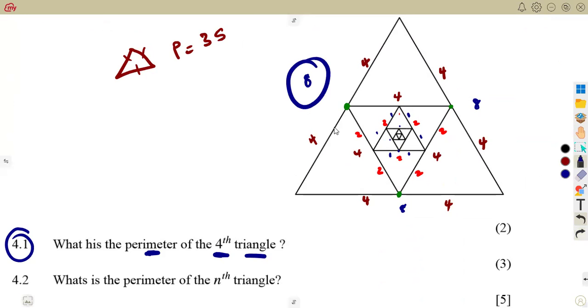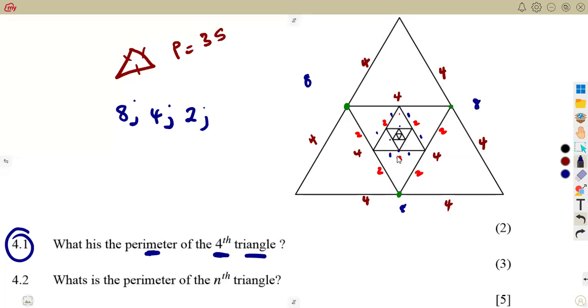The first, outer triangle had a side length of 8. The one that follows has a length of 4, because it was joined at midpoints, and a midpoint simply means half of 8. We divide by 2, so it is 4. The one that follows, divided by 2, is 2.